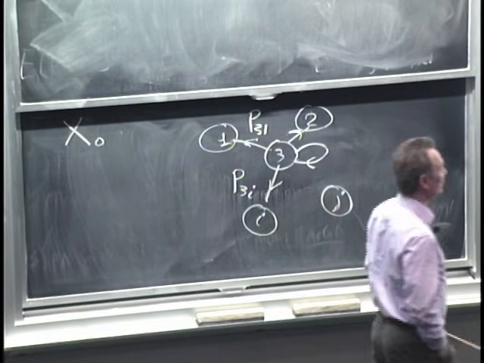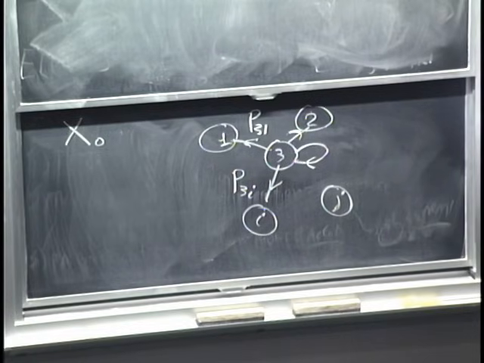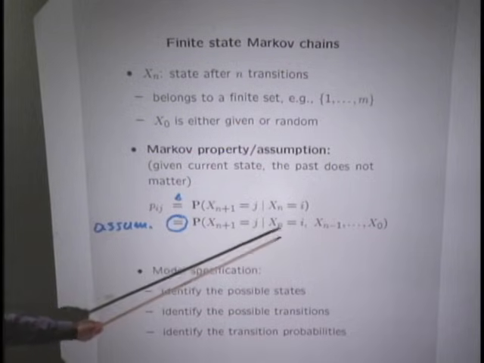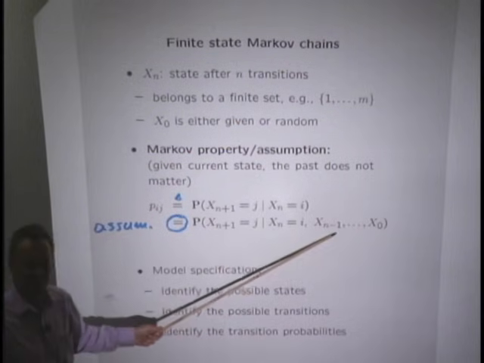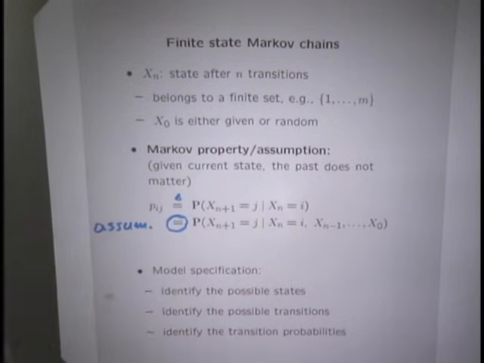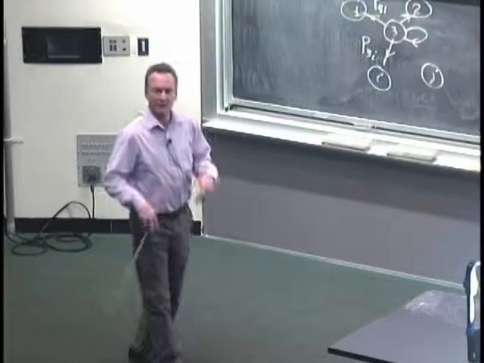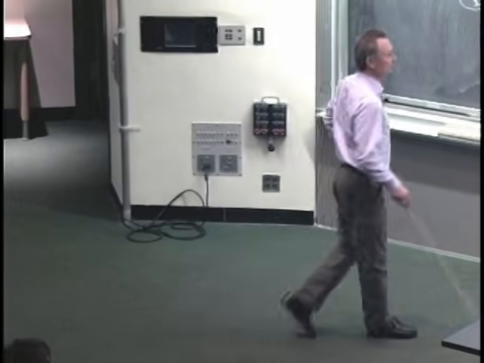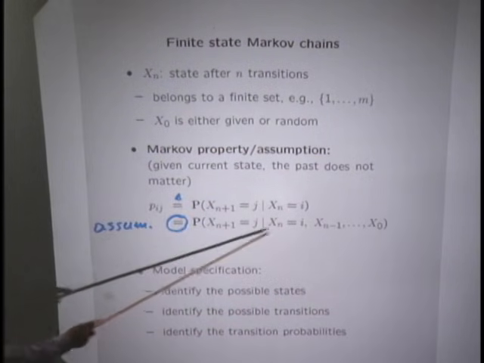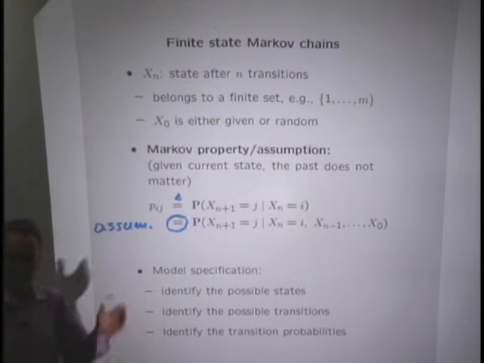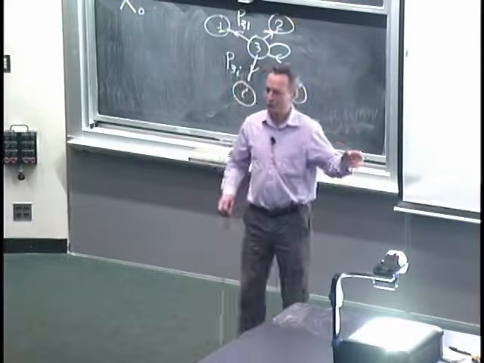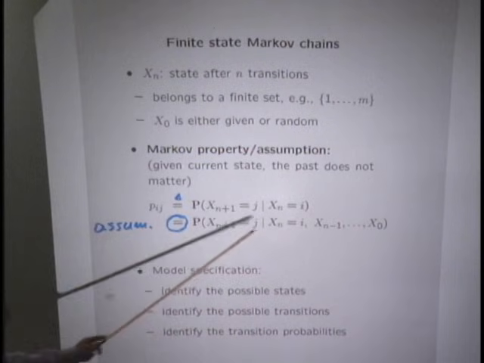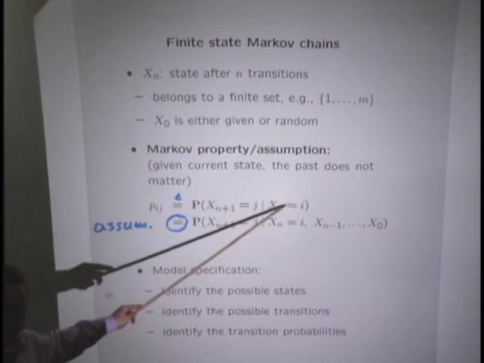Mathematically, it means the following. You have this transition probability that from i you jump to state j. Suppose that I gave you some additional information, that I told you everything else that happened in the past of the process, everything that happened, how did you get to state i? The assumption we're making is that this information about the past has no bearing in making predictions about the future, as long as you know where you are right now.